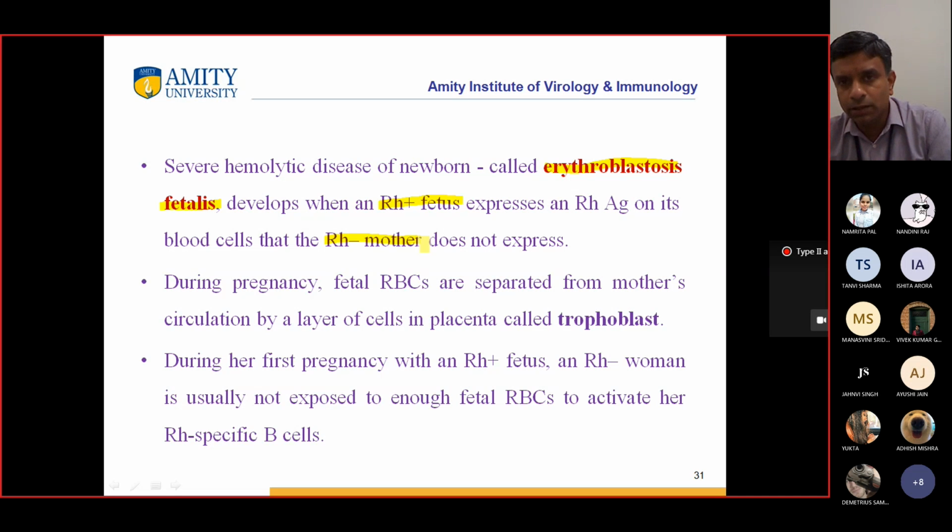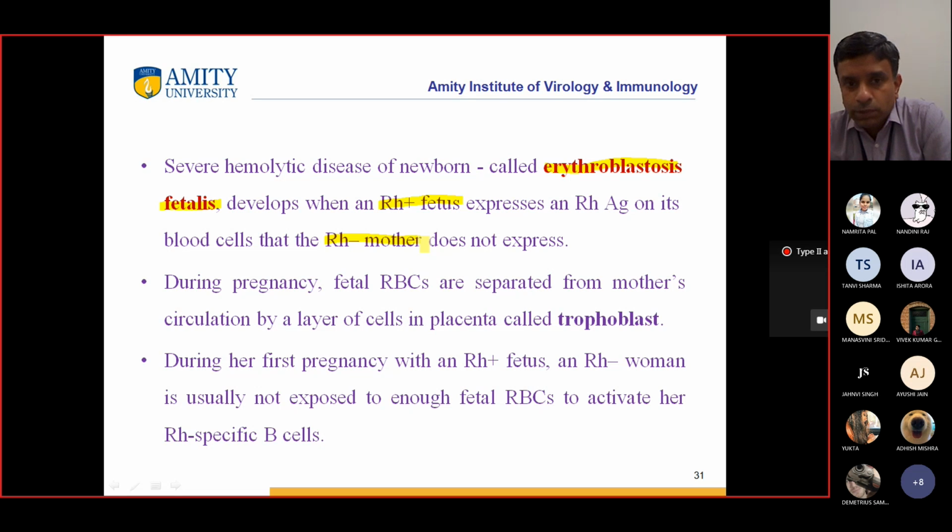Like we say AB positive, AB negative, the positive and negative is about the Rh, right? So the mother is Rh negative, and the mother's system has not seen the Rh factor or the Rh antigen. But now the baby is Rh positive.